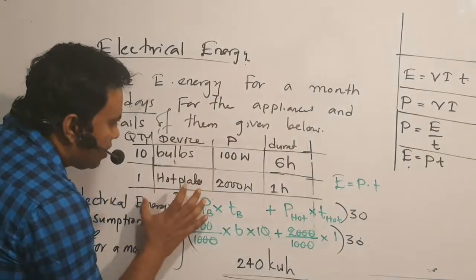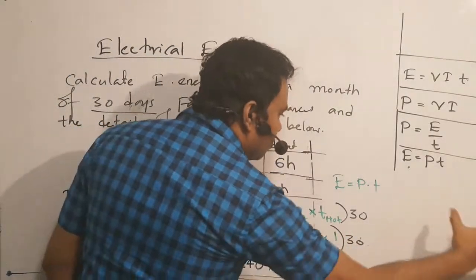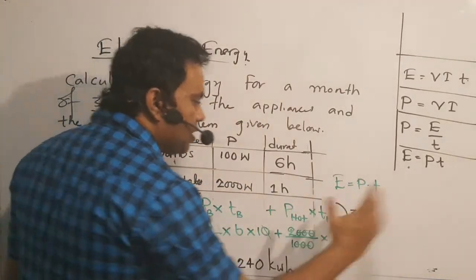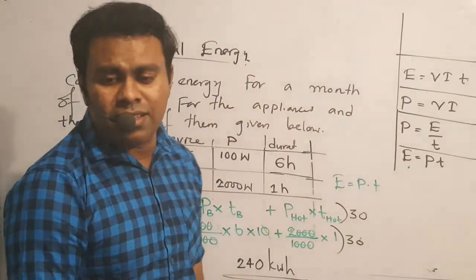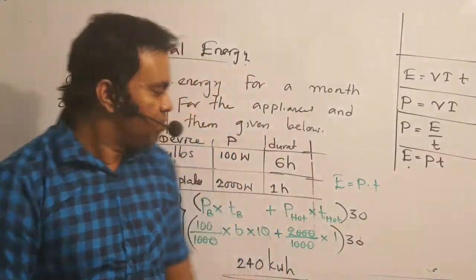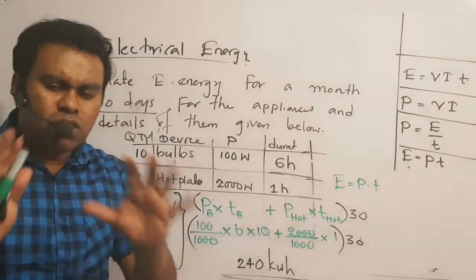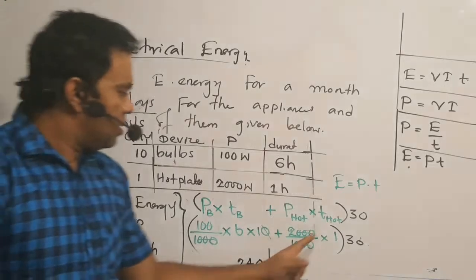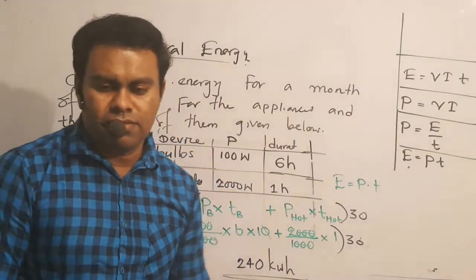If there are more devices, you have to add another section for each. Hot plate, or your computers, that part comes here. For something running all the time we would put 24 hours. What would happen if the time value is several minutes?